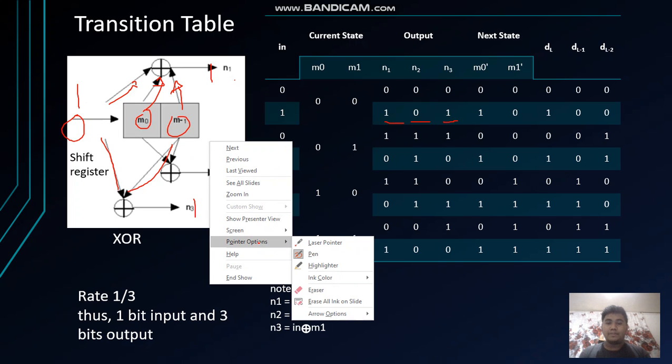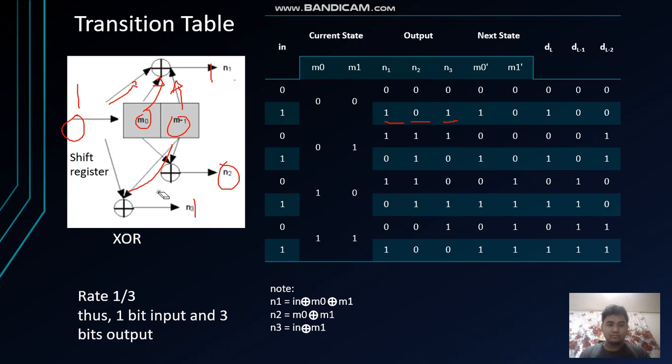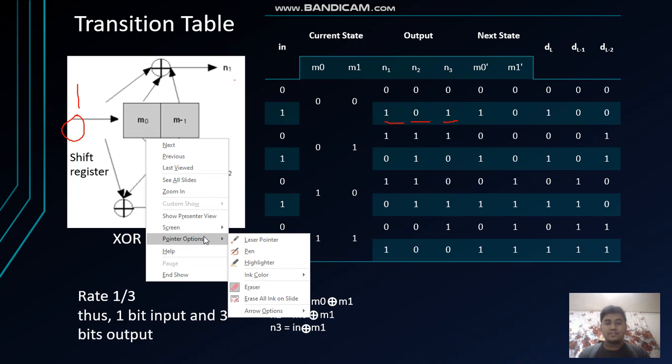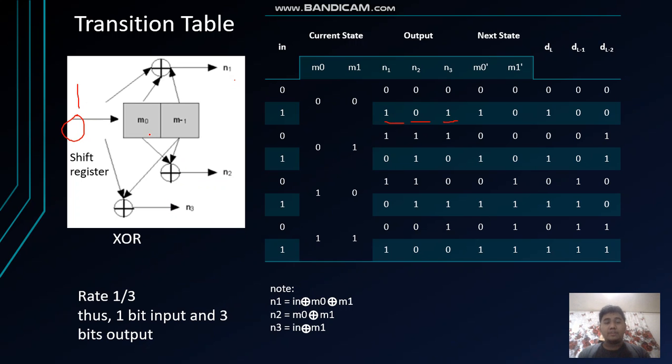So another example. Let's keep the inputs 1 and 0, so it will be easy to see the difference. We have here M0 is 0 and M1 is equal to 1.